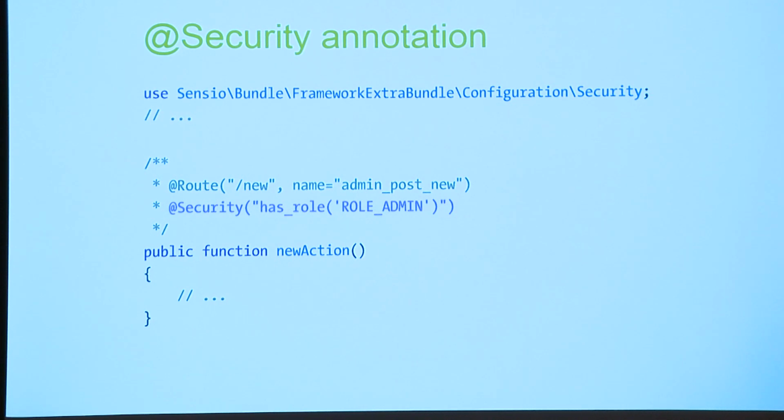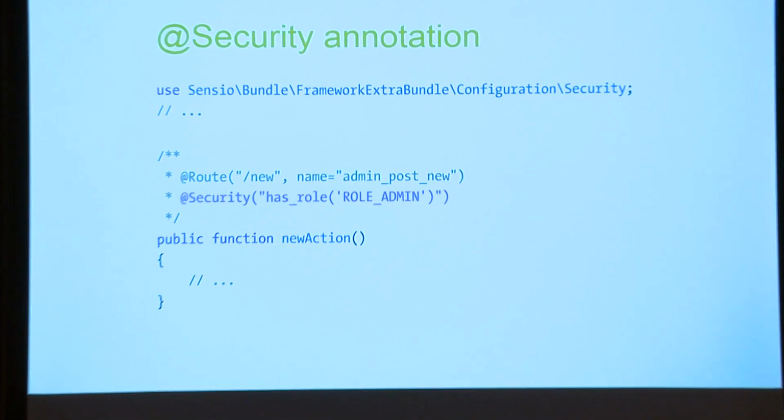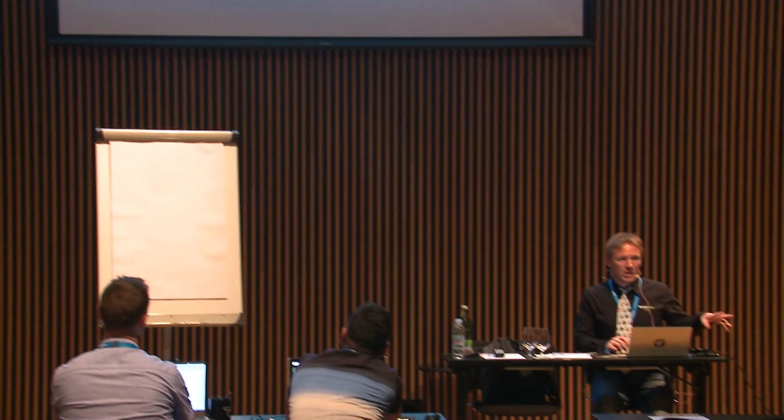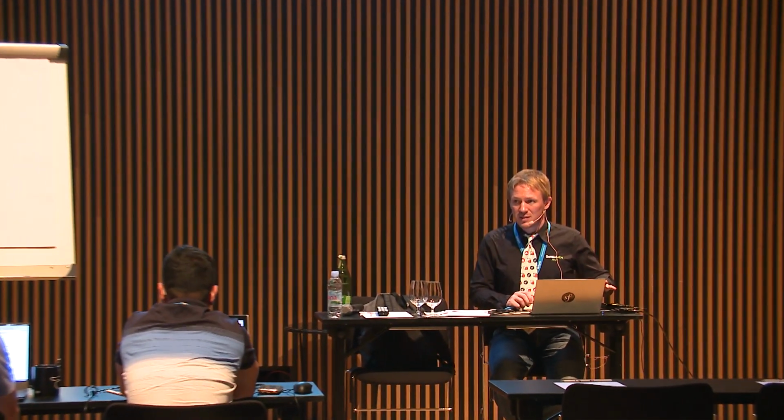There is something that is deprecated on this slide. So this says @Security has_role admin. What is deprecated is has_role. has_role has a better alternative, which is is_granted. So is_granted is provided by the extra bundle, SensioFrameworkExtraBundle.